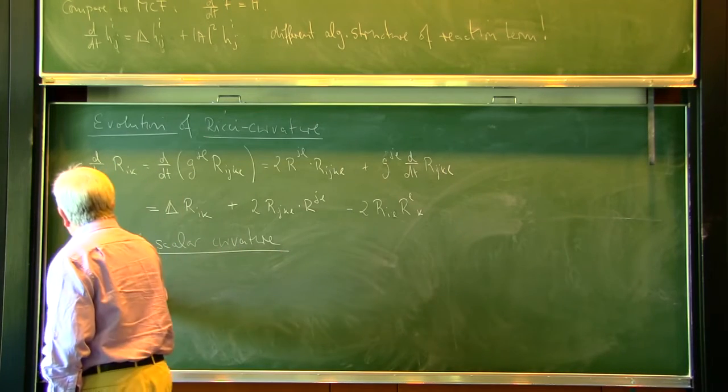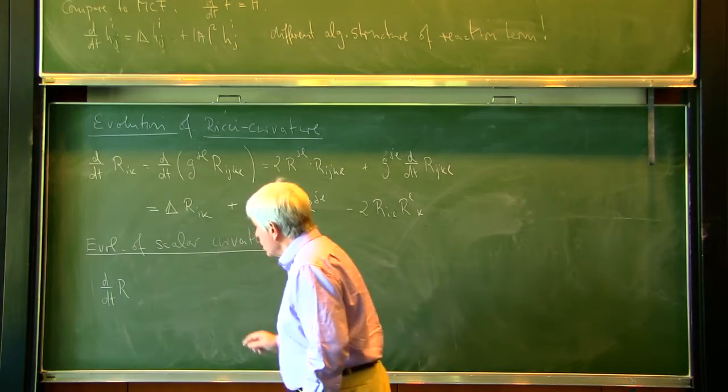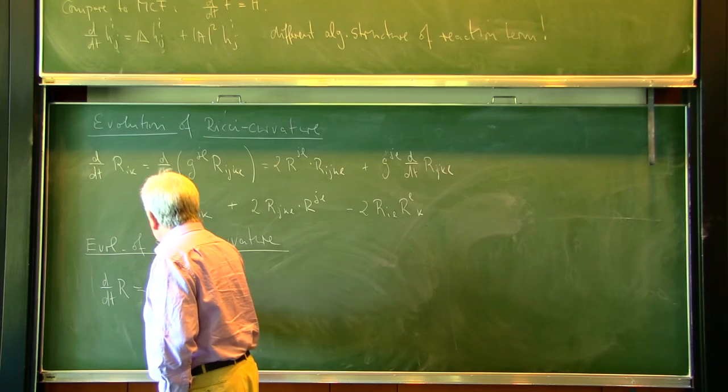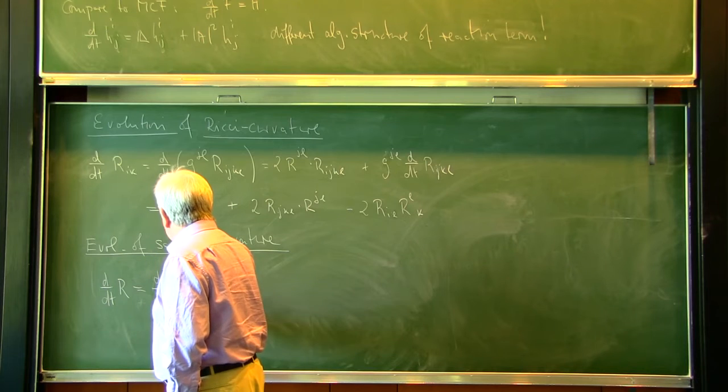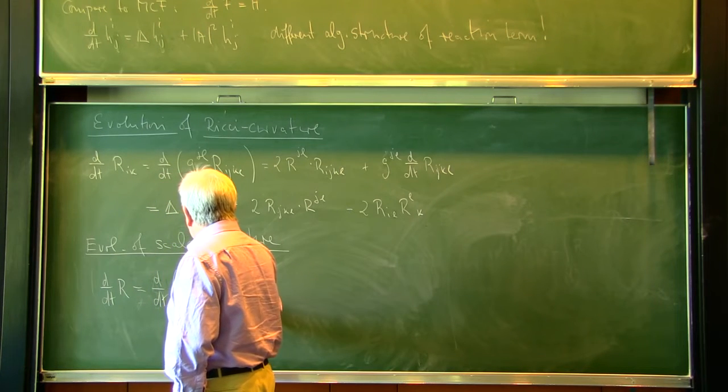So we get d/dt of R is equal to, well, let's be slow, this is d/dt of gik times Rik.